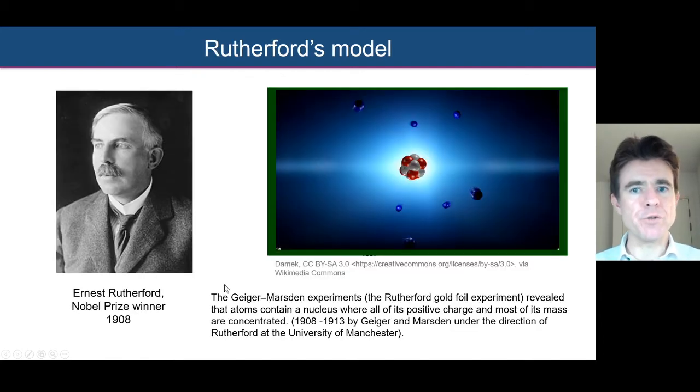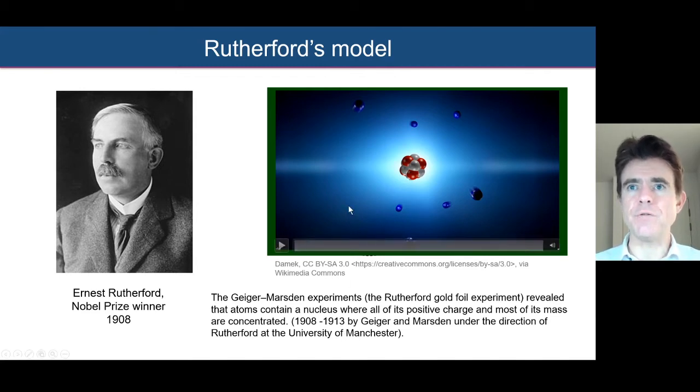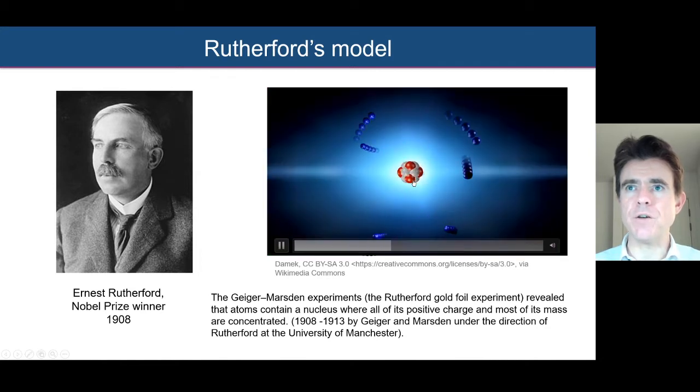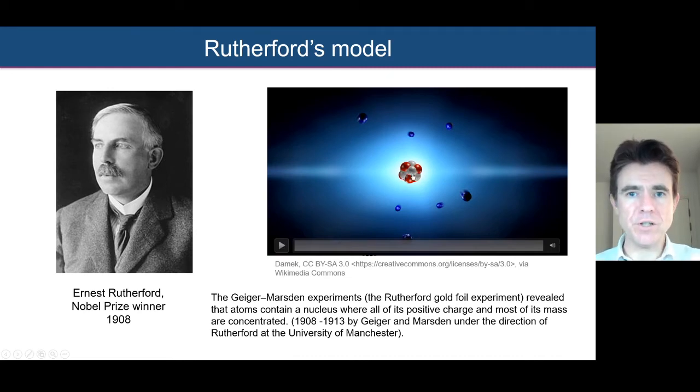But it was Rutherford with his scattering experiments done with Geiger and Marsden at the University of Manchester between 1908 and 1913 that they discovered that the atomic structure is actually very different to that, and instead what we have is, for example, what is shown in this video here, where we have a nucleus where all of the positive charge of the atom is contained in this very small core of the atom called the nucleus.